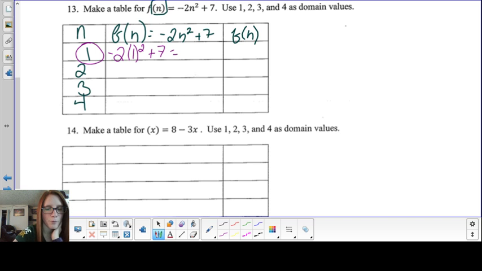Now with my order of operations, we have to do our exponents first. 1 squared, so 1 times 1, because it's the same thing twice, is 1. So then I have negative 2 times 1 plus 7. Well, negative 2 times 1 is just negative 2. So then I have negative 2 plus 7, which will give me 5. So when I plug in n, in this case n is 1, my answer will be 5.